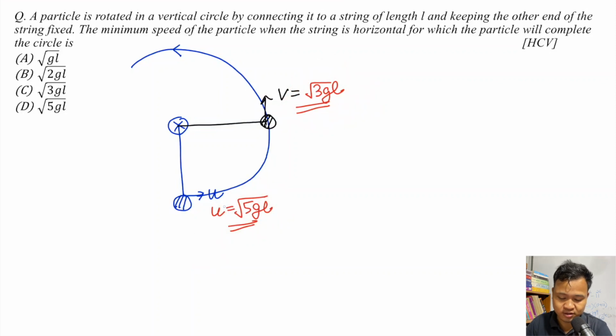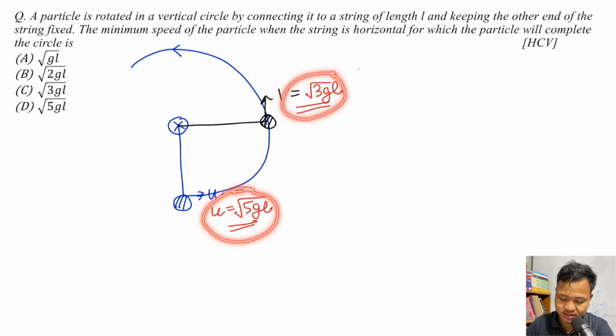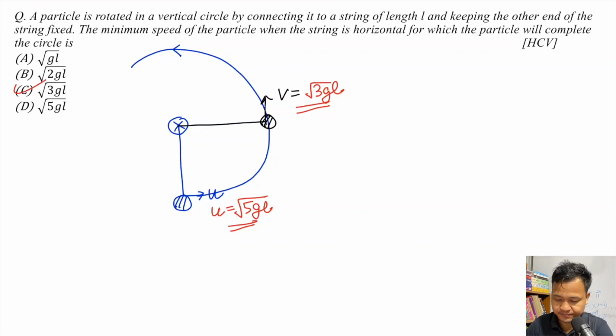So therefore for a full circle this is the minimum. The velocity, or speed, at the horizontal position is root over 3gl. So the answer is root over 3gl.